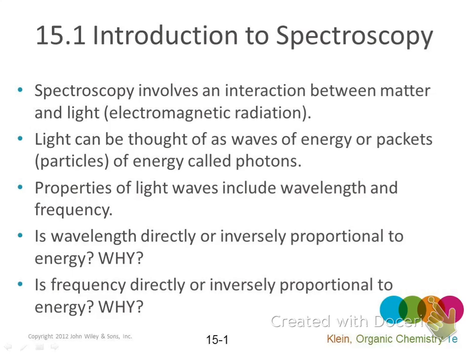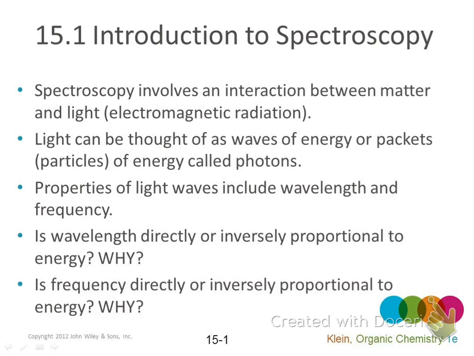And they come in packets we call photons. And when light energy comes in, it interacts with matter. The photon has to be absorbed somehow. If it's not absorbed and it passes straight through, we get no information other than it doesn't absorb that photon. Okay? But the light has to be absorbed.